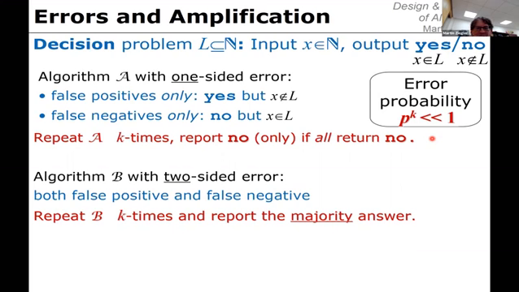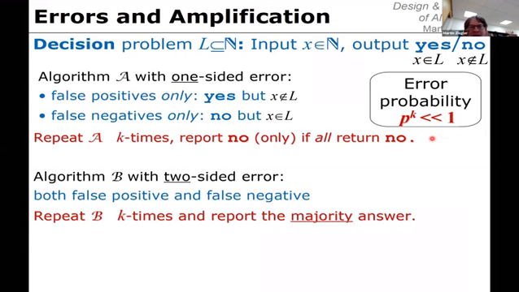If more than k over 2 times the algorithm says no, then also our new algorithm will say no. I don't want to discuss the case of tie-breaking, so let's just say that k is an odd number, then one of the two answers will always have the majority. And we want to analyze the probability of this new meta-algorithm that repeatedly performs algorithm B and then reports the majority.